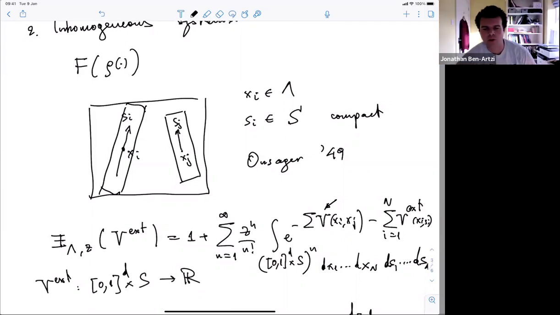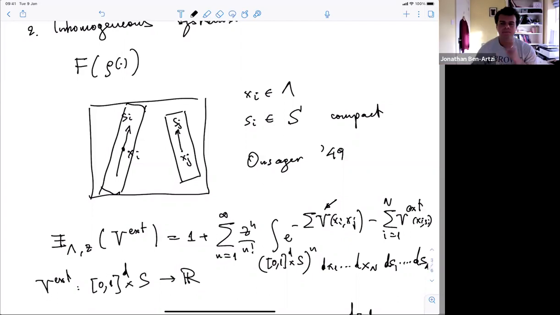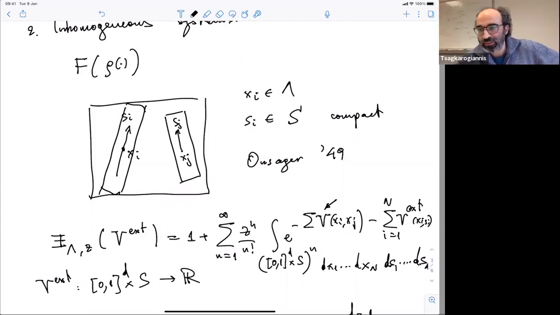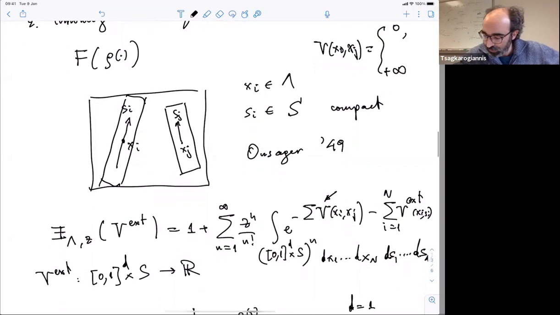So this potential V is more complicated than it appears. It depends on the si and the sj exactly, and it would take some time to write it explicitly. Only for the positions I can write it, because V of xi, xj would be 0 if they are far, and plus infinity if they are close, within a distance.